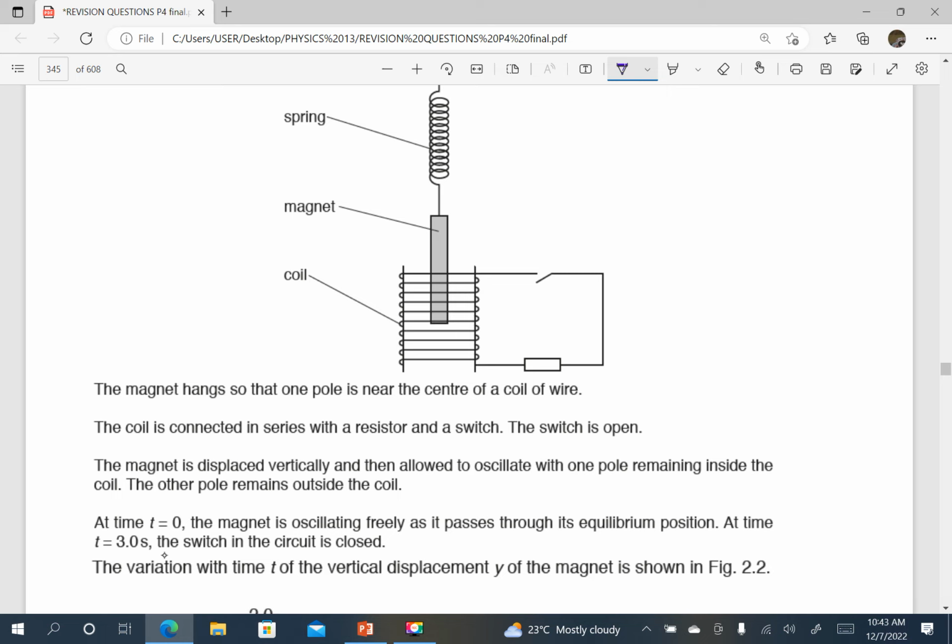But we know from magnetic fields, if we close the switch and the magnet is oscillating, then its oscillations are going to die out because an EMF is going to be induced in the coil, and energy will be dissipated in the resistor. That energy is derived from the oscillations of the magnet, so the oscillations of the magnet are going to die out.